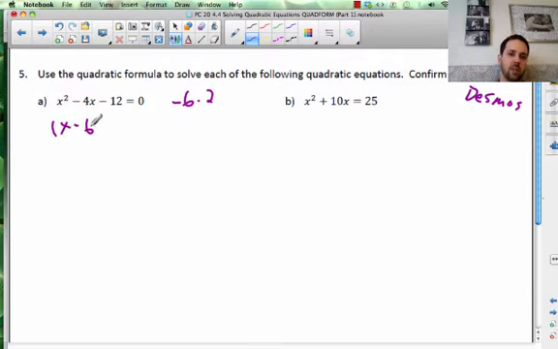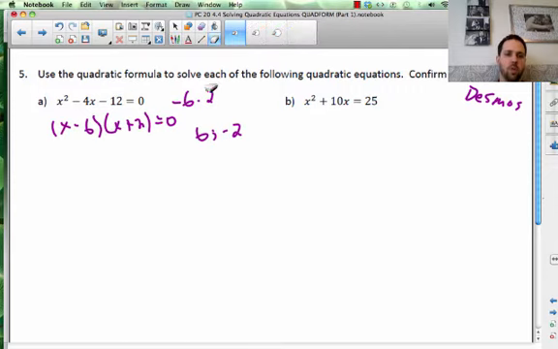So x minus 6 times x plus 2 equals 0. And we're going to find out that our roots are positive 6 and negative 2. But we're going to use the quadratic formula just to prove that it works.